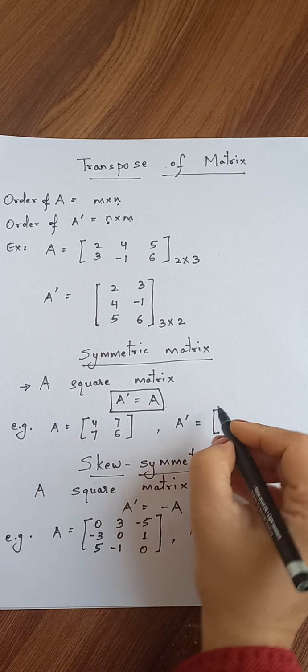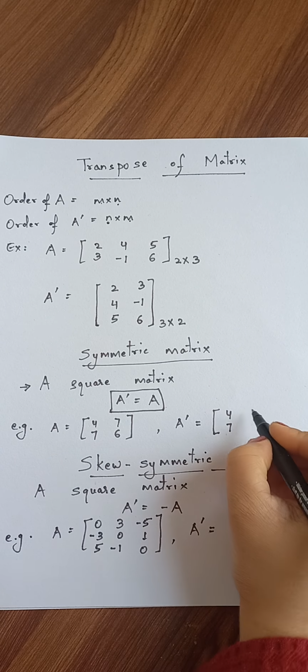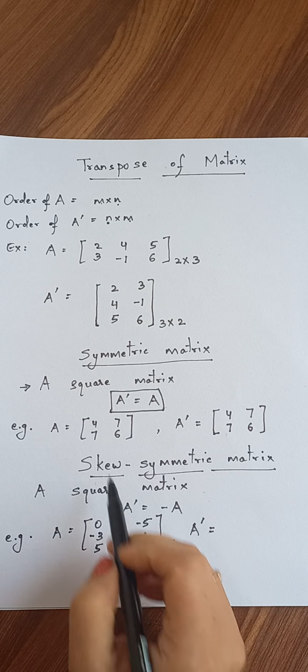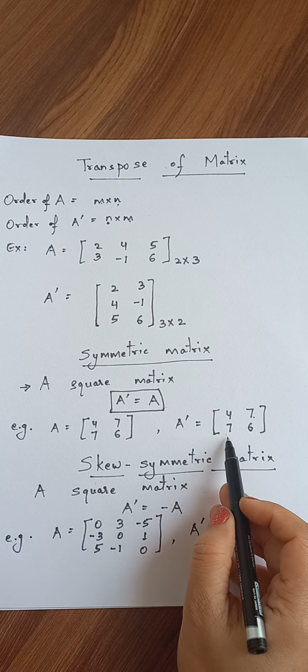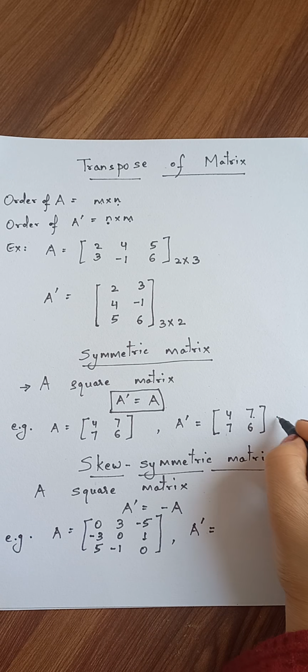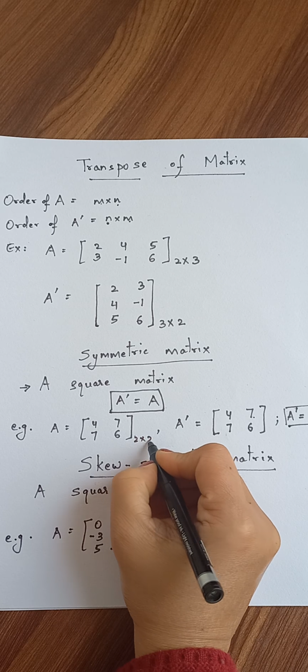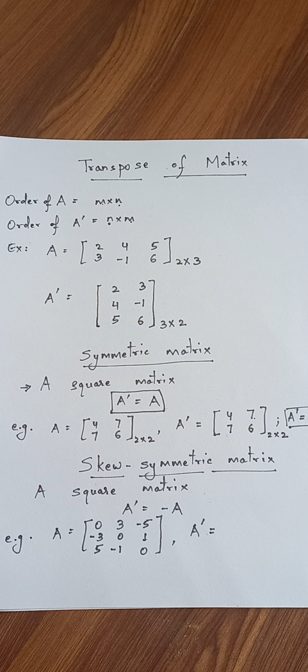Again the first row gets converted to the first column, and the second row gets converted to the second column. Here you can verify that each element stays the same, so A dash is equal to A. This condition is satisfied, and this is also a square matrix because the order is the same, so it is a symmetric matrix.